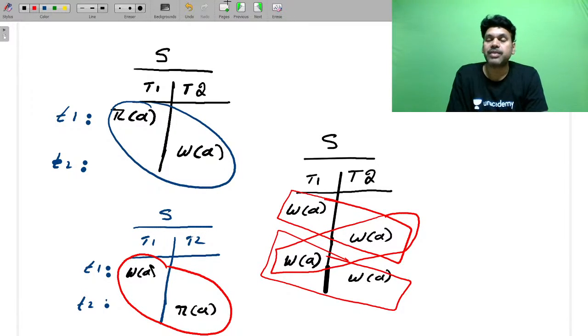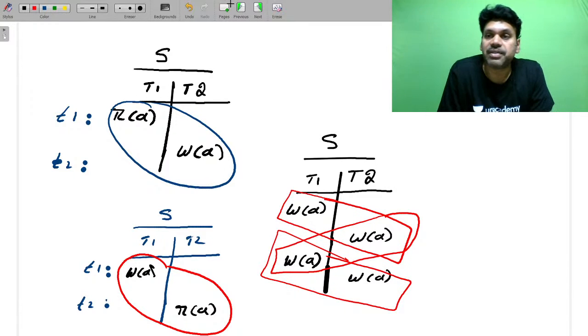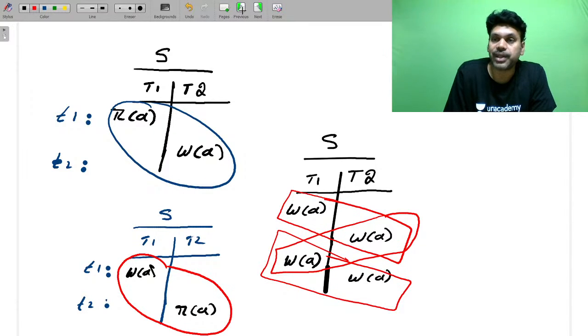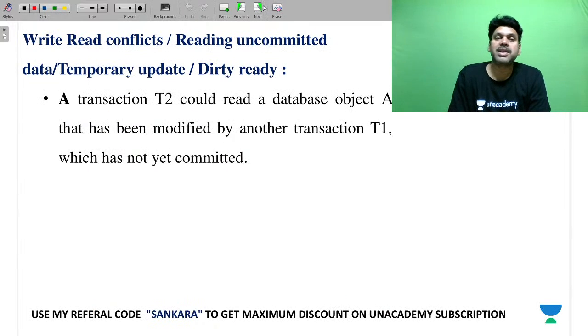So now we see that three different varieties of conflicts are there. One is RW, the other one WR, the other one WW. What is RW? It is called an unrepeatable read.